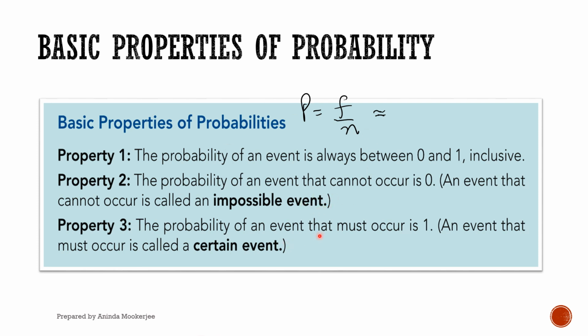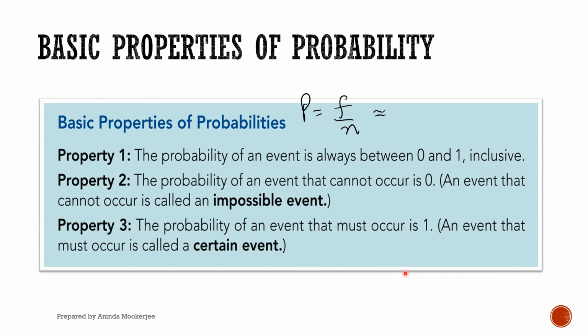On the other hand, if I went and purchased all the 100 raffle tickets, that means all the tickets in the box have my name on it. What is my probability of winning the raffle? 1, correct? 100% chance I'm going to win because there's nobody else's name in the box.